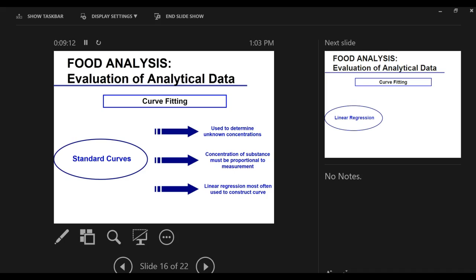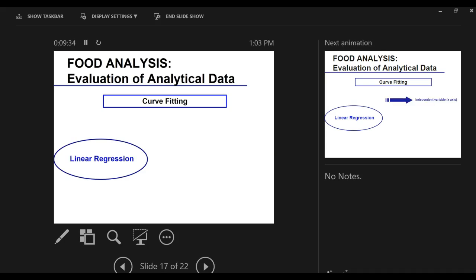That means the data fits a straight line, and then we get a prediction equation. And with the prediction equation, the higher the R squared, the higher the power of prediction. And then you can use the Y value, which is the absorption, to determine the X value, which is your concentration.